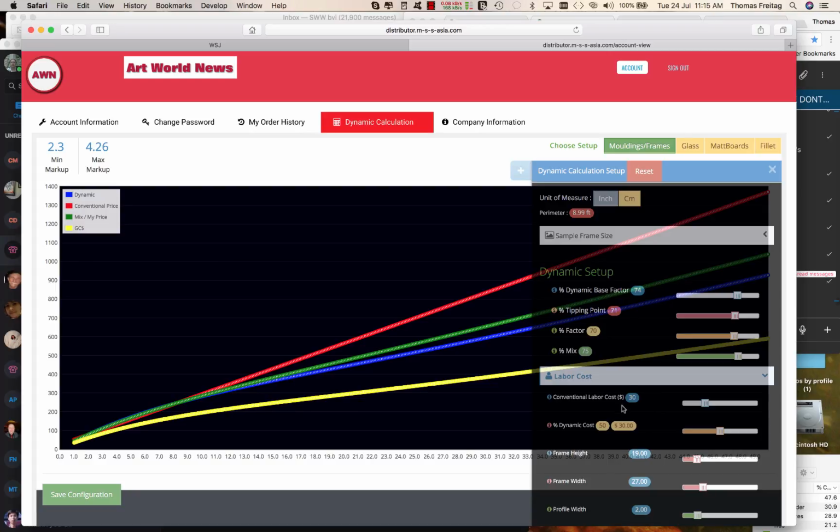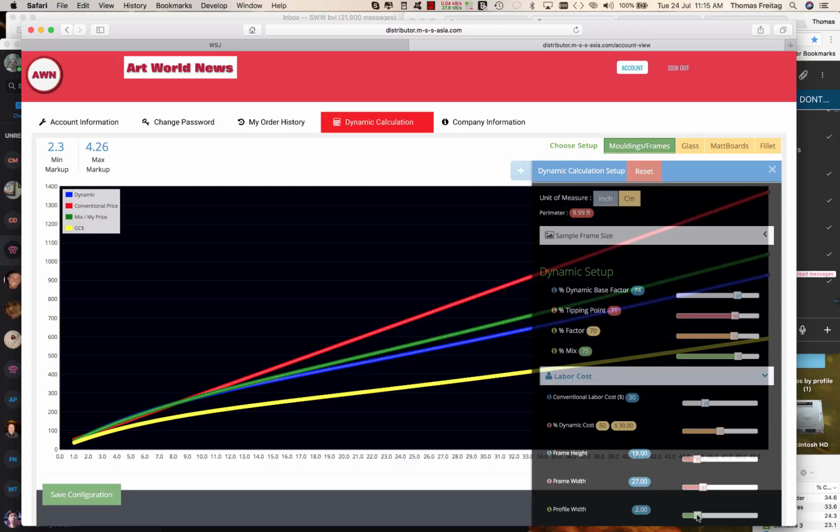Now, we made this labor cost dynamic also. At a 50% dynamic, and for your sample frame 19 by 27 with a 2-inch molding, your labor costs are matching the $30.